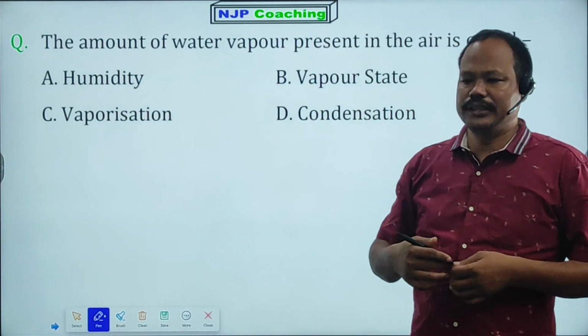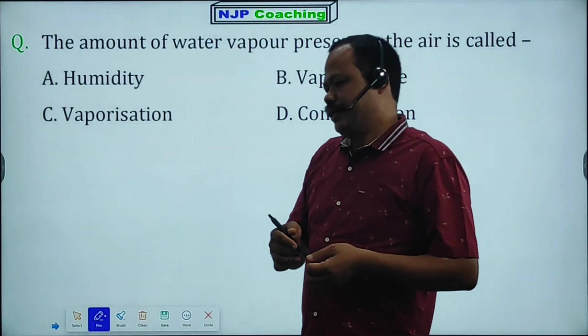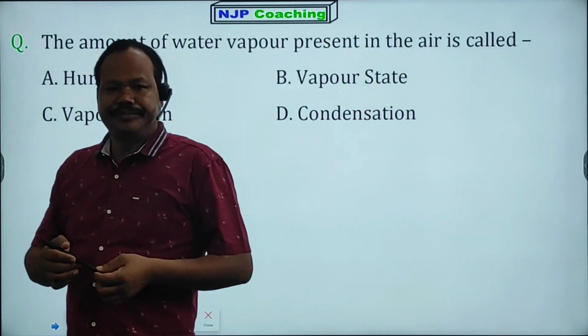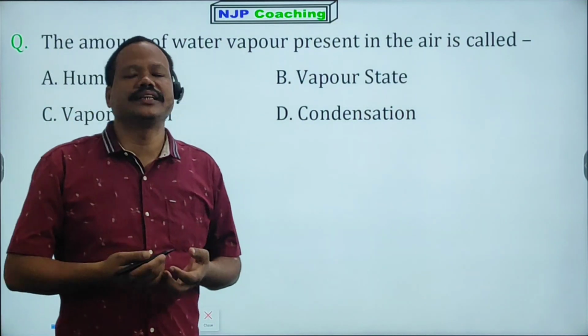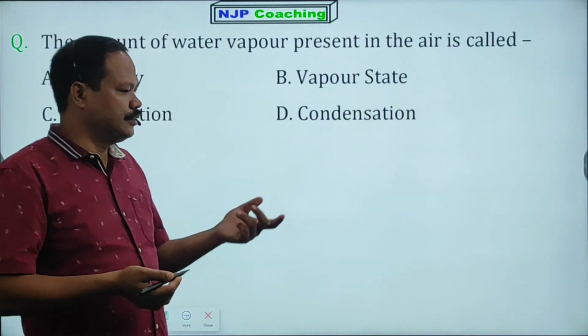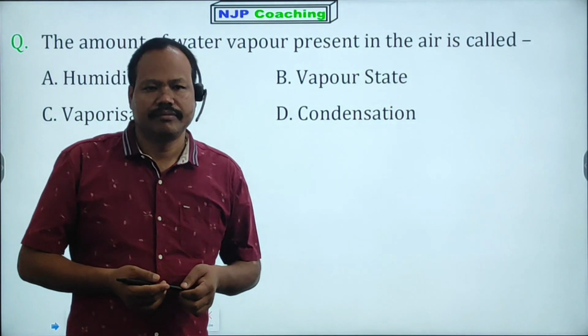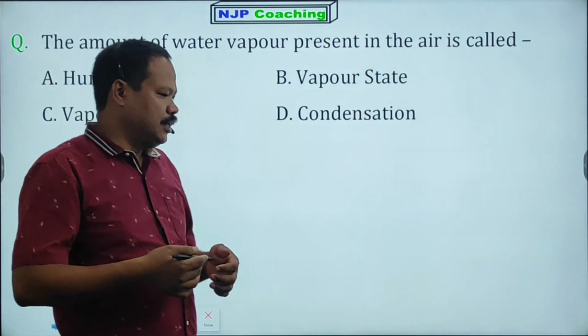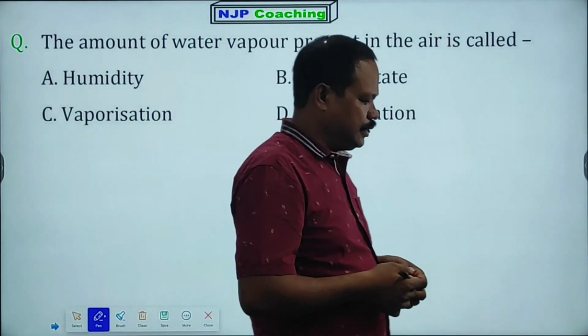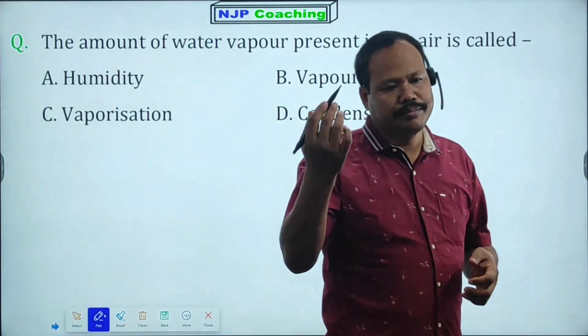Compared with some other places in India, like Delhi and Mumbai, the amount of water vapor present in the air there is less than in our place, so the humidity in our place is higher.